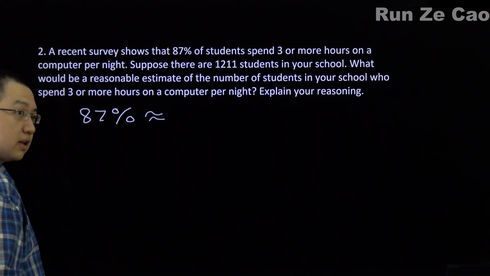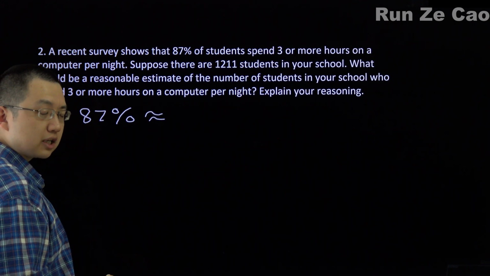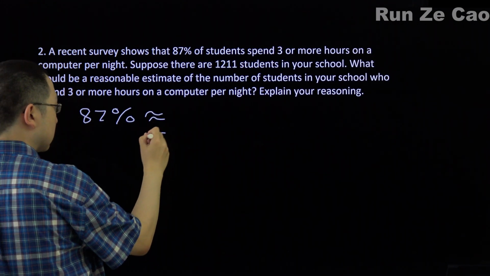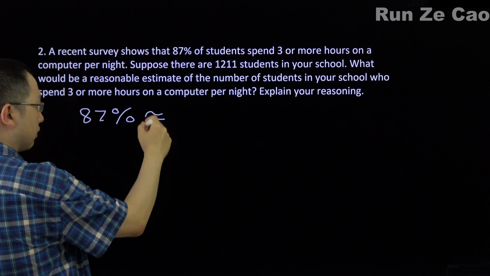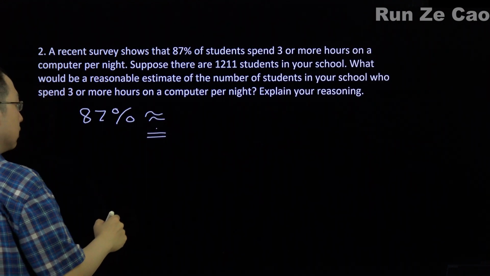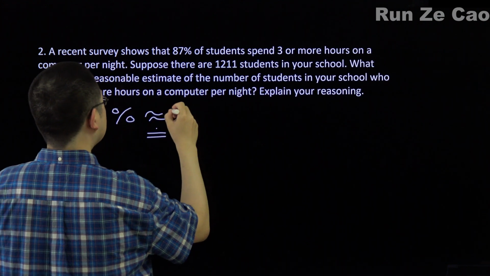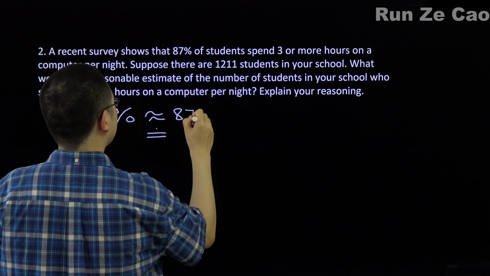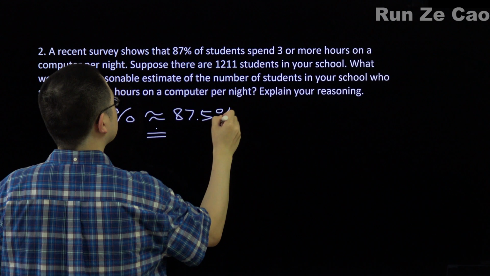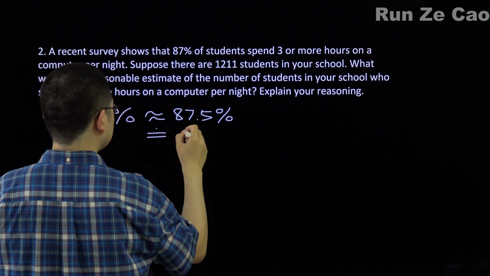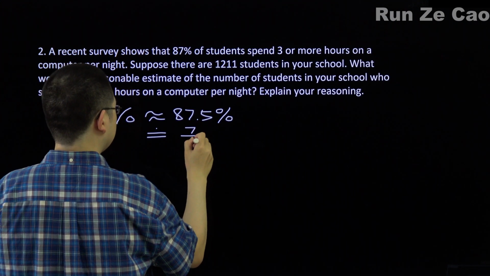This is one of the symbols that you may see for approximations. The other one is this version. So either one of these is okay. Just saying. So it's approximately 87.5%, which is 7/8.